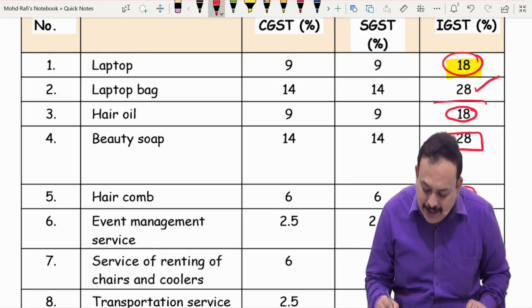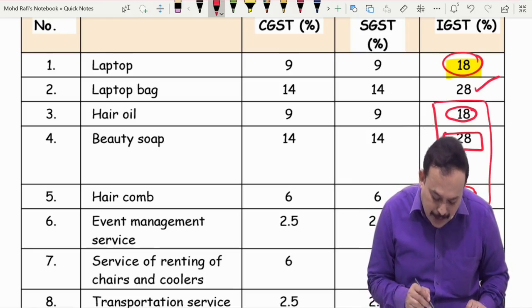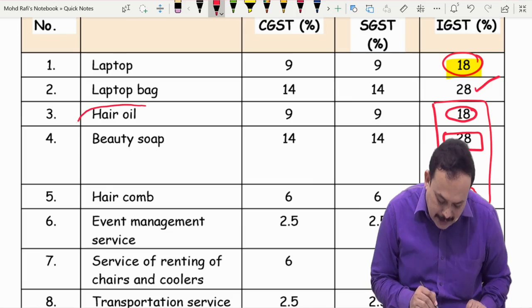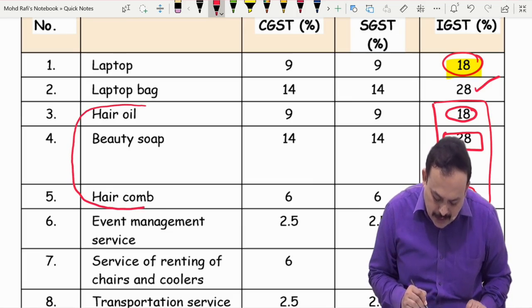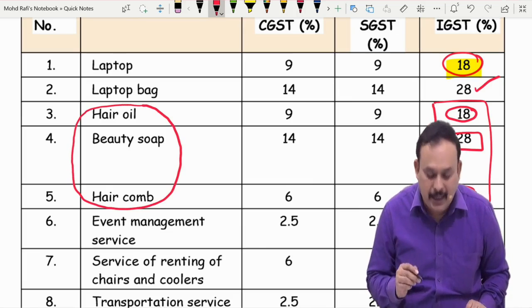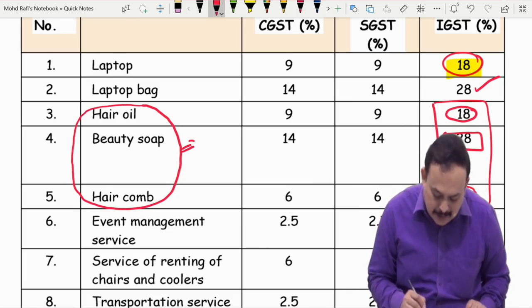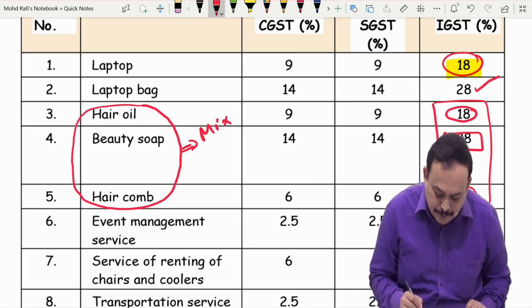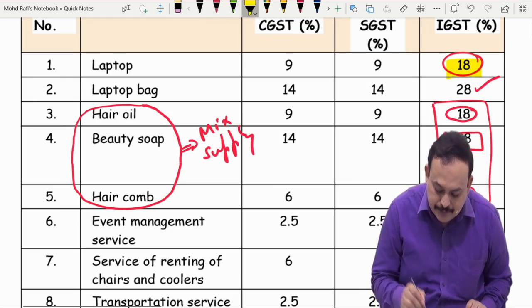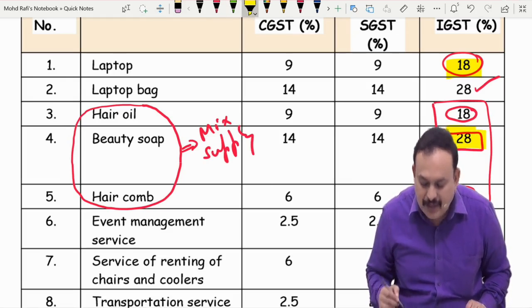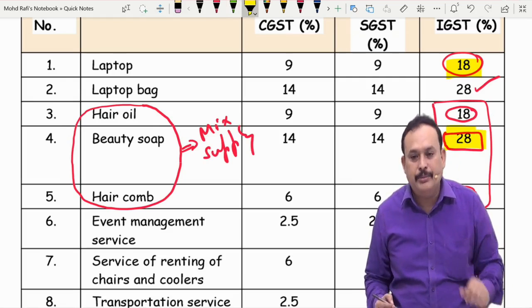So among the three, which is the highest rate of GST? That will apply on all three. Hair oil, beauty soap and hair comb together is a mixed supply. The highest rate is 28%.